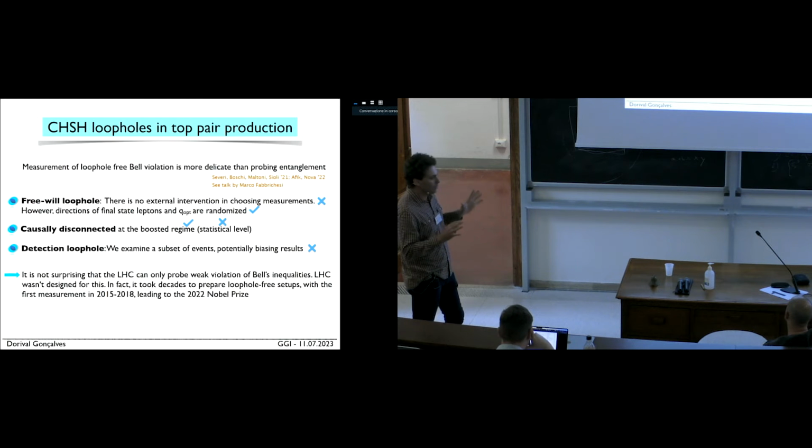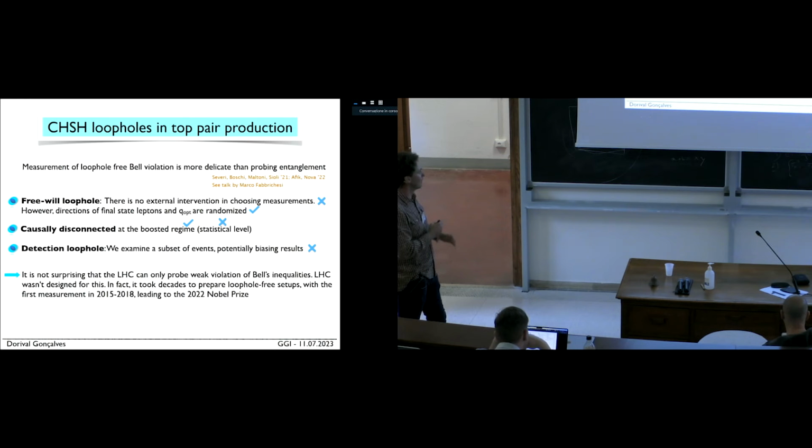You can argue on the statistical level, at the very boost regime, that they may be causally disconnected, but again, this is only at the statistical level. The other thing is the detection loophole. Here we have absolutely no hope. When we do this sort of analysis we always look at a subset of events, so we always bias the analysis, but there is no way around it.